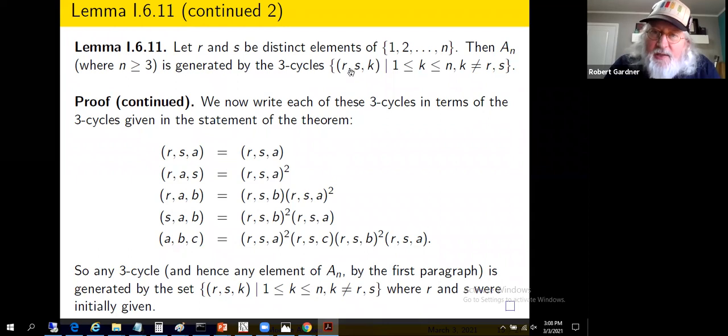The pattern here again is we got an R first and an S second on the right-hand side in all of these little 3-cycles. (S A B), the fourth type, can be written as (R S B) squared, (R S A). And (A B C), which doesn't involve any of the R's or any of the S's, can be written as (R S A) squared, (R S C), (R S B) squared, (R S A). All right, I'd call this a computational proof. Let's do the computation on this last one and make sure that's right.